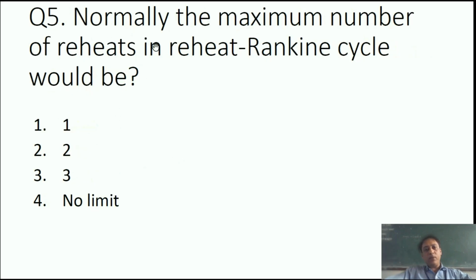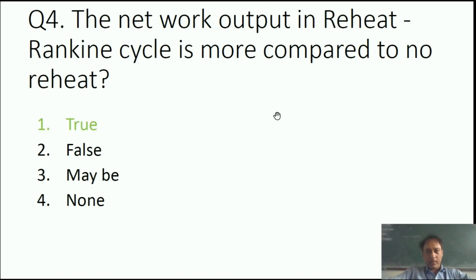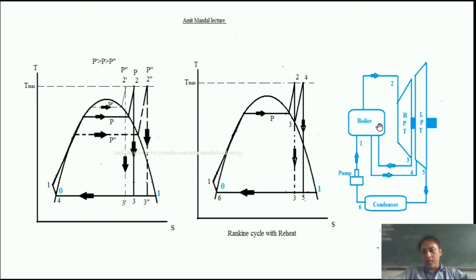Normally, what is the maximum number of reheats possible in reheat Rankine cycle? See, what is reheat? I will tell you. This is the boiler, and from the boiler the steam comes out, as I am showing with this cursor. It enters the turbine, this is a high pressure turbine. When steam is expanding and the dryness fraction falls below 85%, or below safe limits, the steam is taken out and sent back to the boiler.